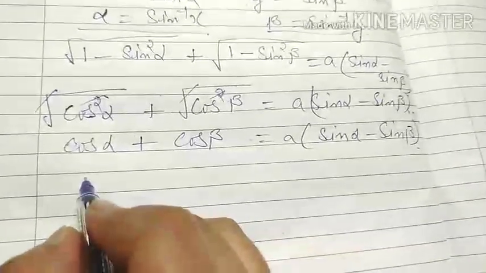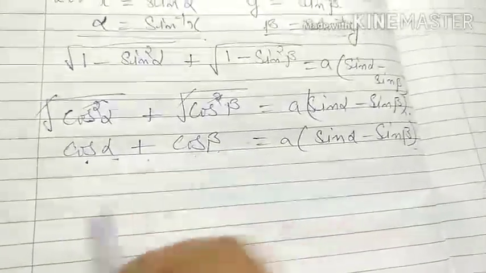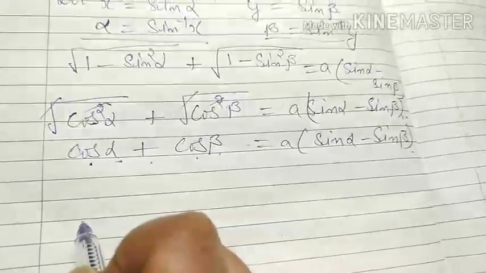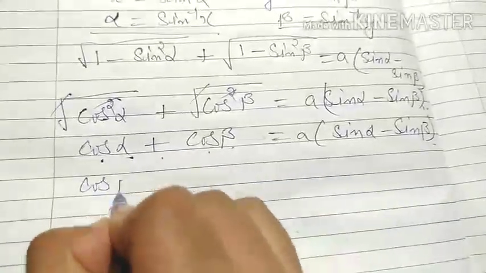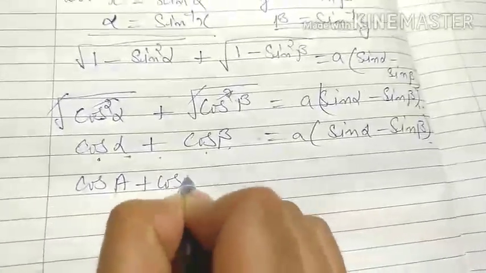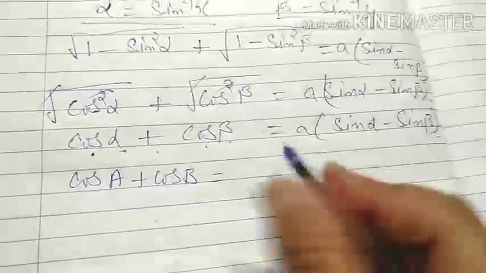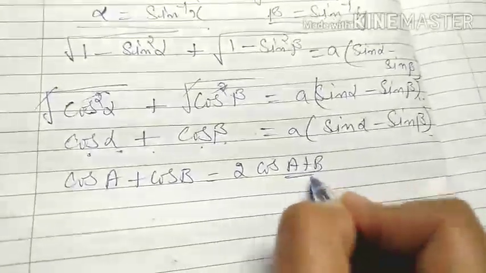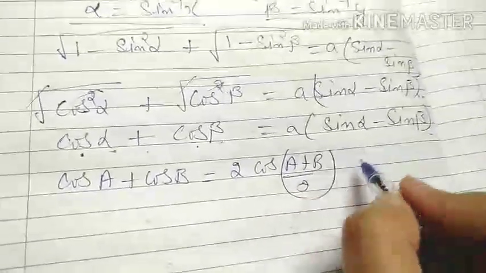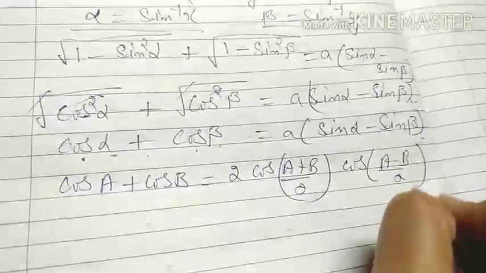Now here, cos A plus cos B, I have the formula. If you go with the cos A plus cos B formula, what does it give you? 2 times cos (A plus B) by 2 and cos (A minus B) by 2.